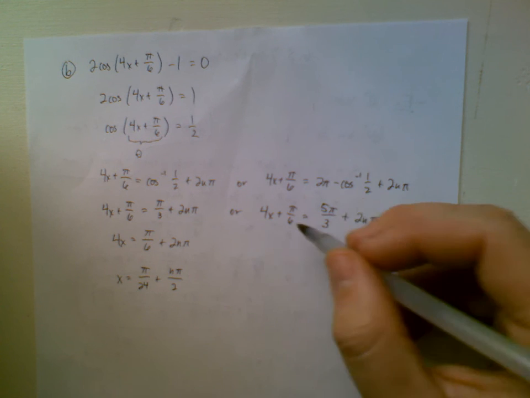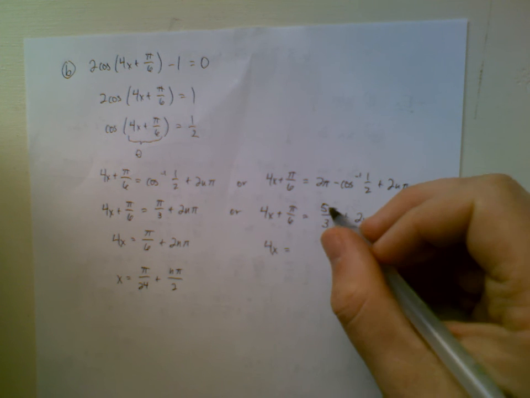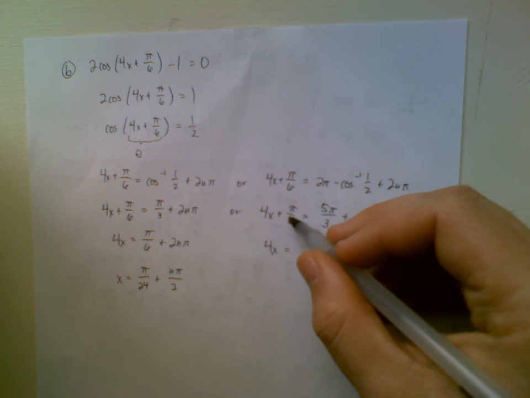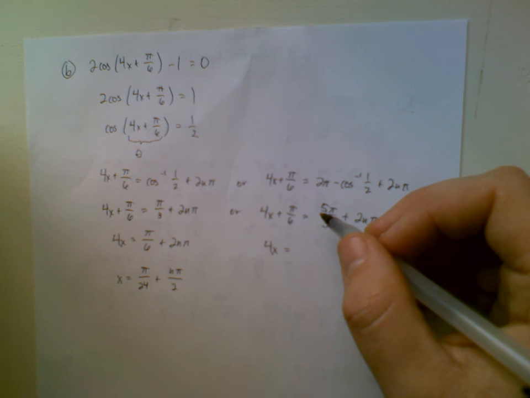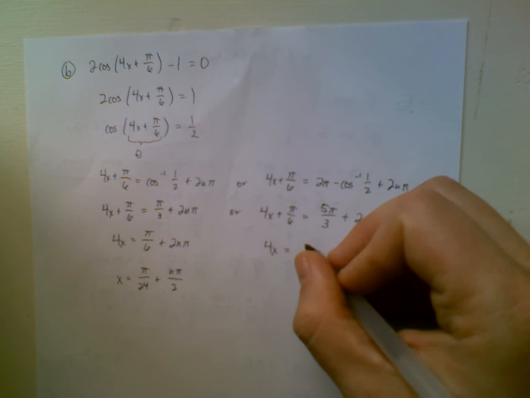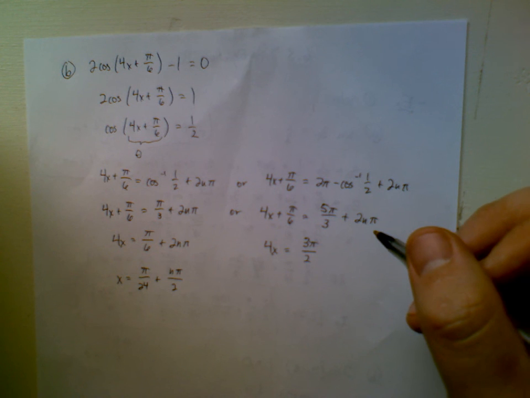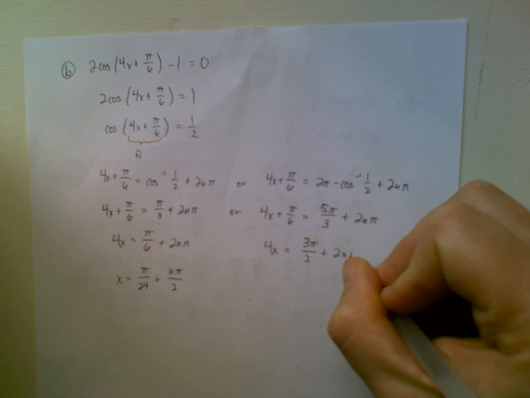We do a similar thing over here, right? Subtract π/6. 5π/3 is 10π/6. 10π/6 minus π/6 would be 9π/6. Oh goodness, 9π/6 reduces, right? That would be 3π/2. So we're going to get 3π/2, plus 2nπ.